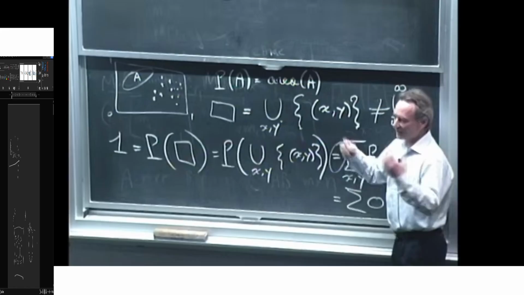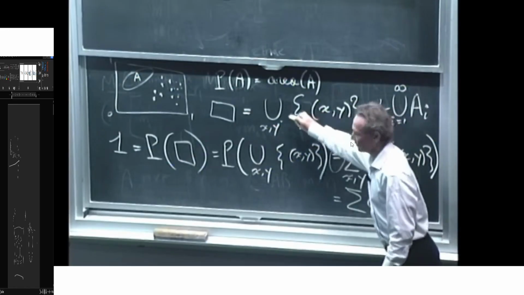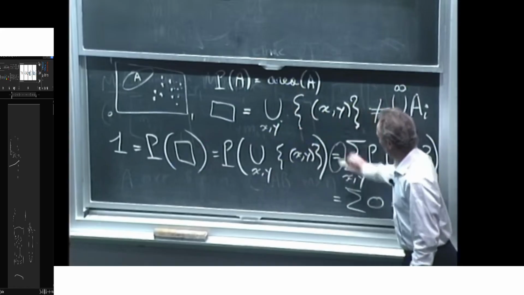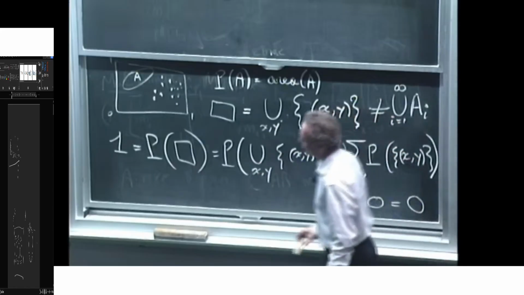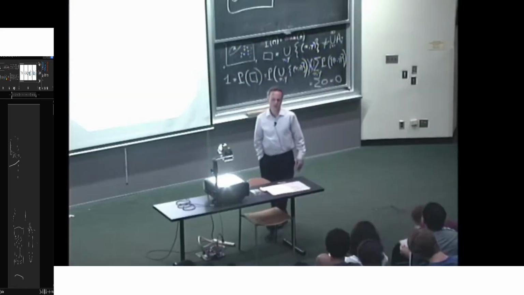It's a different kind of union. It's a union that involves a union of many, many more sets. So the countable additivity axiom does not apply in this case because we're not dealing with a sequence of sets, and so this is the incorrect step. So at some level, you might think that this is puzzling and awfully confusing.